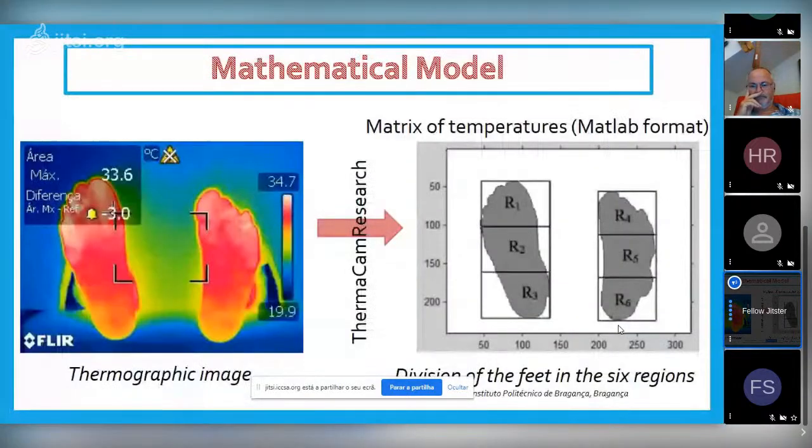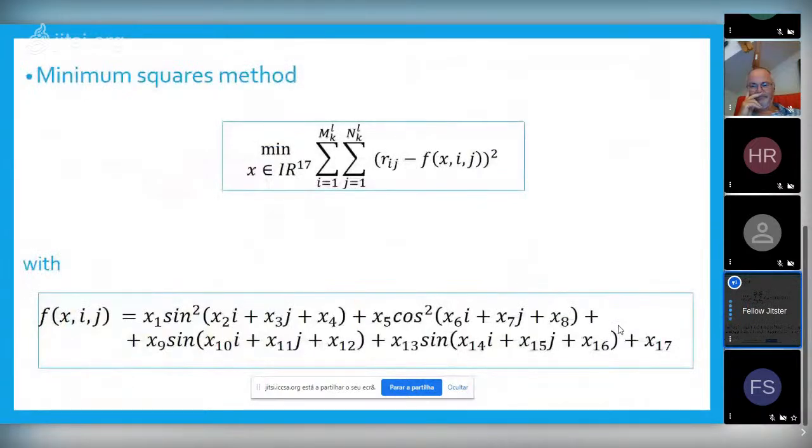In this work, we wanted to mimic the variations of the temperature in the feet. For that, we divided each foot into 3 regions, getting a total of 6 regions, and we developed a model that intended to mimic the temperature variation, in order to see how well the function that we built adjusted to the real values of the temperature in the foot.